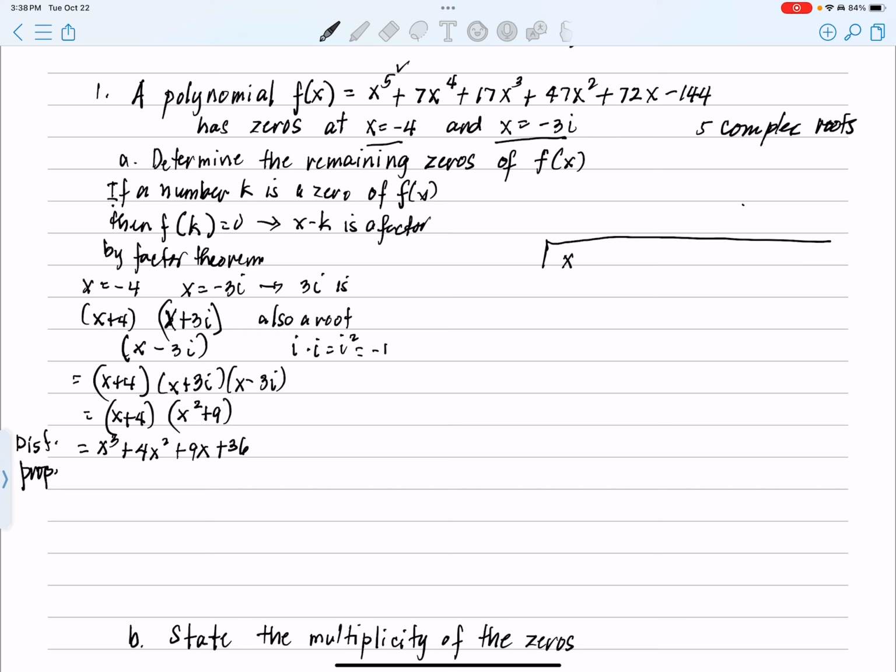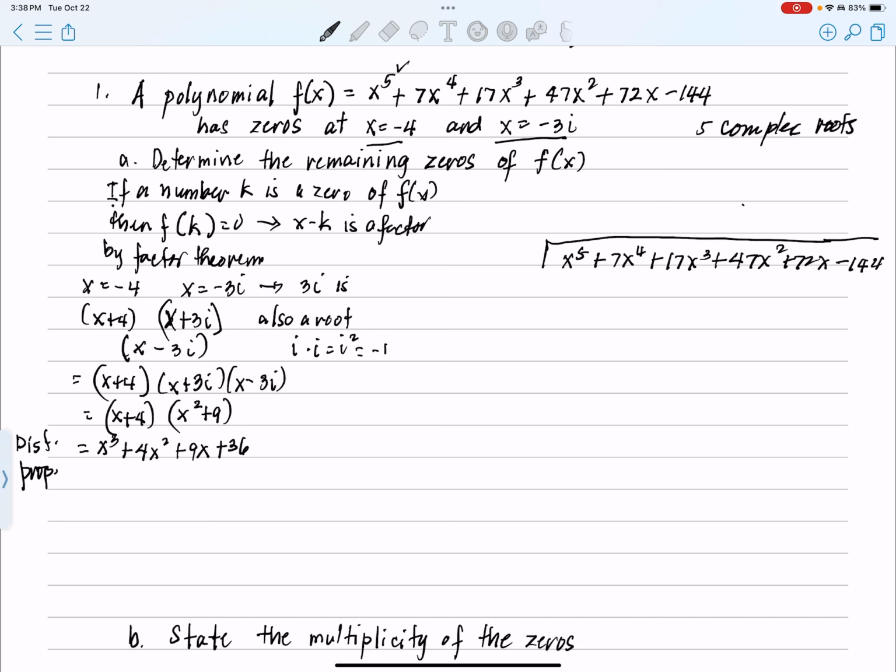Then write the function x to the fifth, 7x to the fourth, plus 17x cubed, plus 47x squared, plus 72x minus 144.